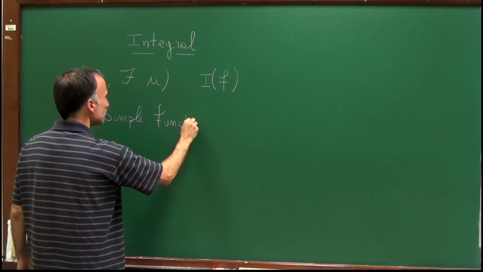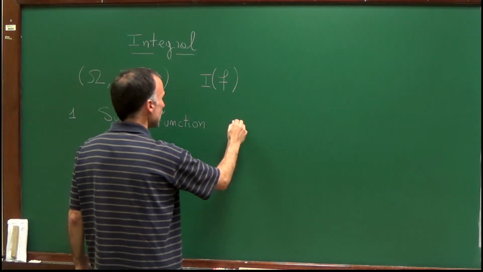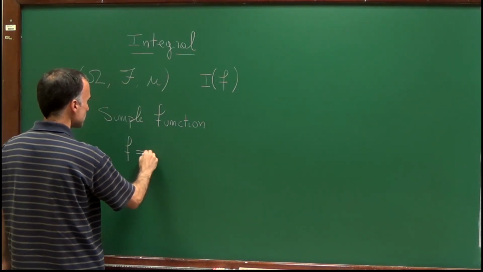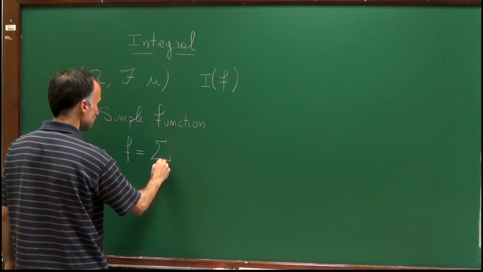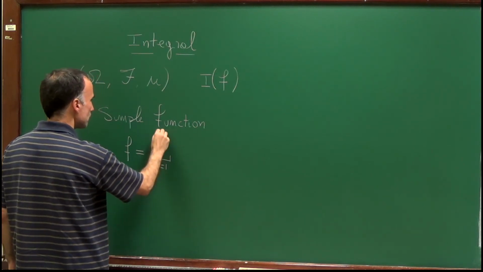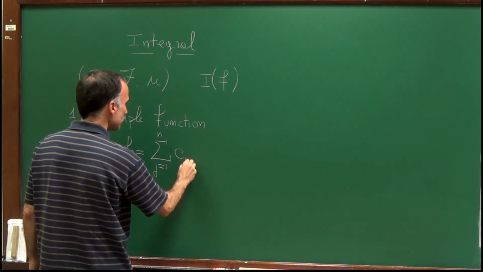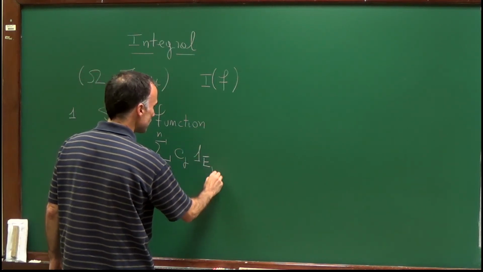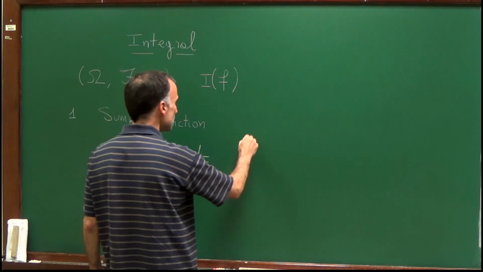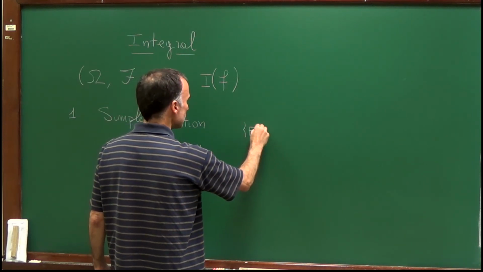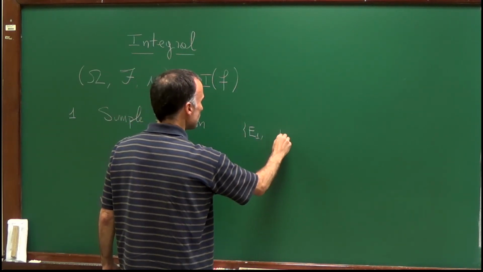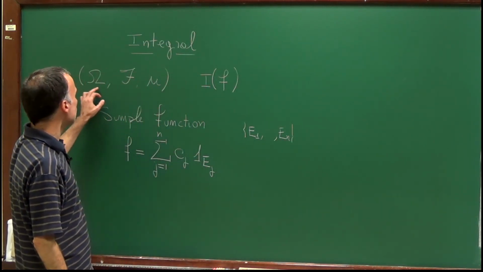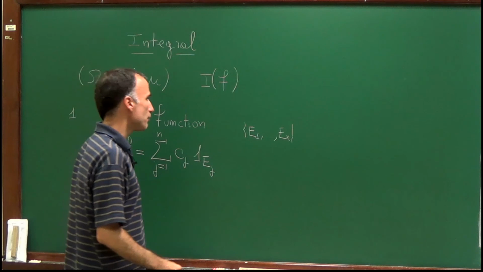Remember, we defined simple functions. A simple function is a function which can be written as a finite sum from 1 to n of real constants multiplied by the indicator of sets, where I'm assuming that these sets E1 up to En form a partition of the set omega of sets which are F-measurable.